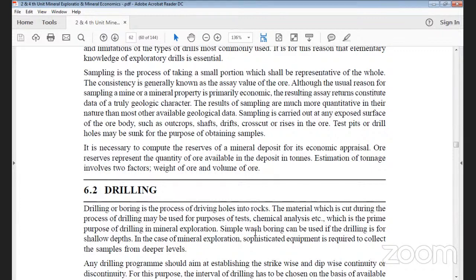The ore reserve represents the quantity of ore available in the deposit in tonnages. So we need to estimate the tonnage, which involves two factors: one is the weight of the ore, and the second is the volume of the ore.